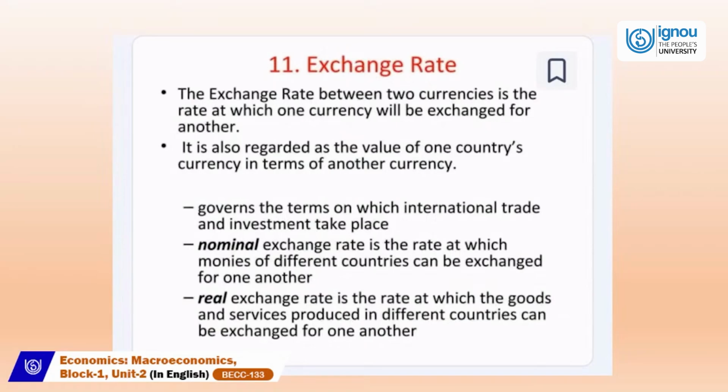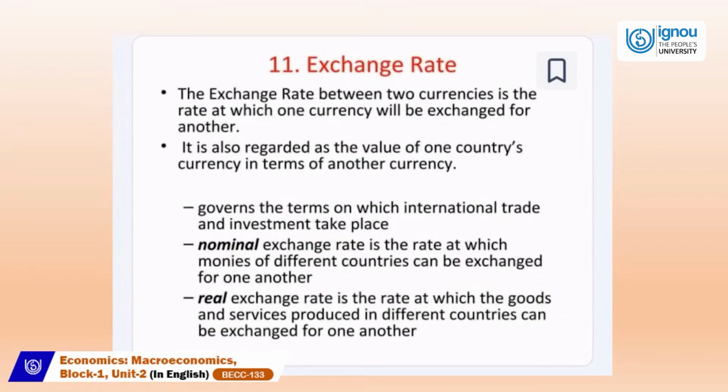So if you take international flights or do international transactions, the exchange of currencies between two or more countries will always exist, and it always refers to a nominal rate or real rate. It depends upon the type of transaction, the type of trade which exists in different countries.